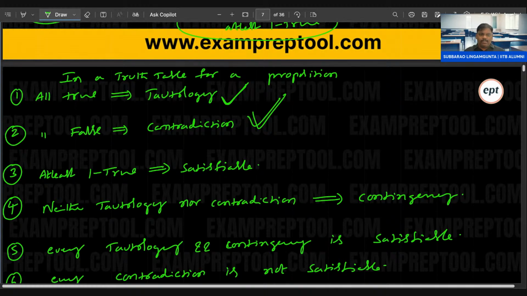We discussed this already in yesterday's class.